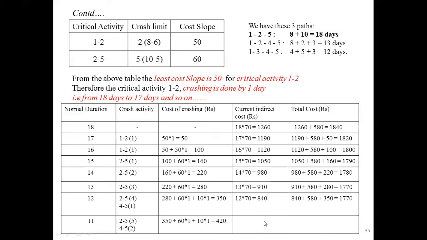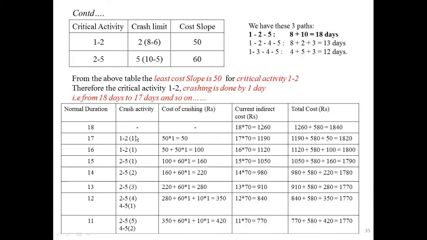Then the current indirect cost is 11 into 70, it is 11 days, into indirect cost 70, so you get 770. The total cost is 770 plus 580, that is the normal duration cost, plus 420. Then you will get 1770. That is, the cost remains the same, and the duration is now 11 days.